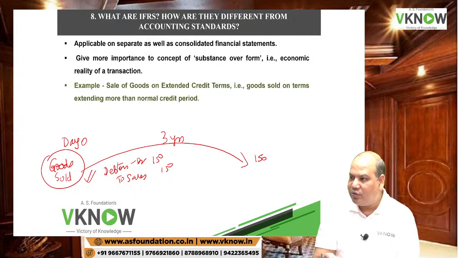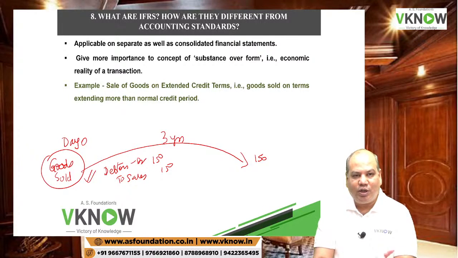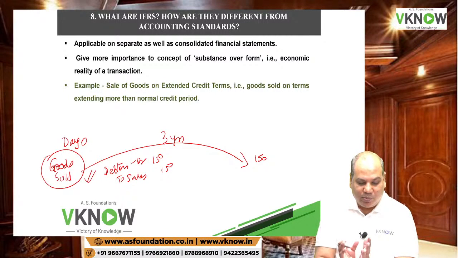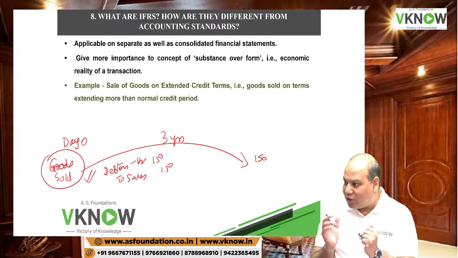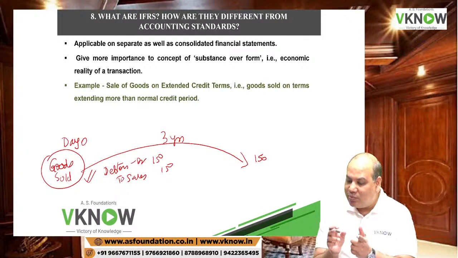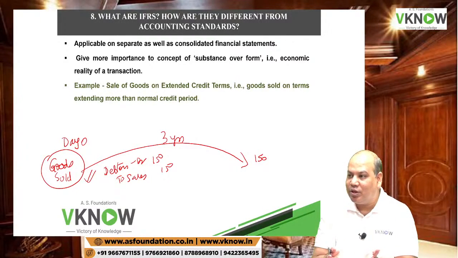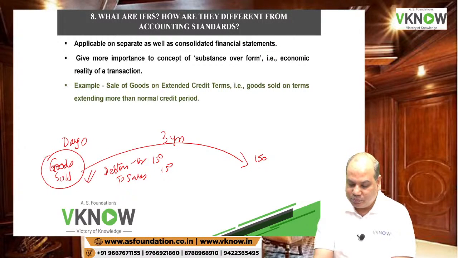If I purchase by paying full payment now, I will get a 30 rupees discount. The supplier will say, okay, you are paying now, I will give you at 120. So that means the 30 rupees is an interest component. He is charging me interest. Where is the interest in this accounting? But Charanjit madam said, this is what you have to do.